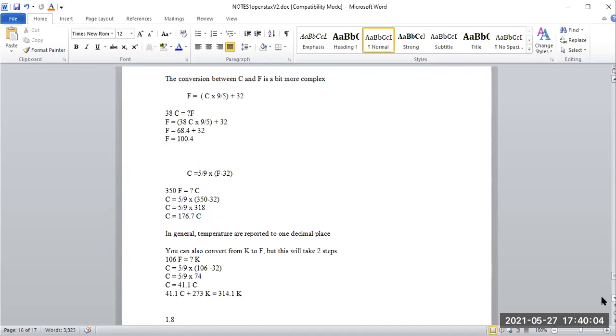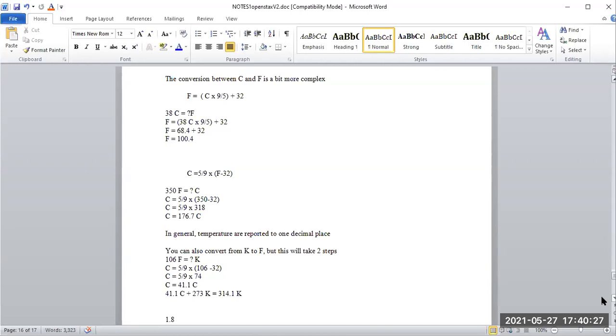How about going in the other direction? If I have Fahrenheit and I want to do Celsius, okay, 350, standard baking temperature for lots and lots of things. If I want to figure out what that is in Celsius. First, I'm going to do the subtraction, okay?